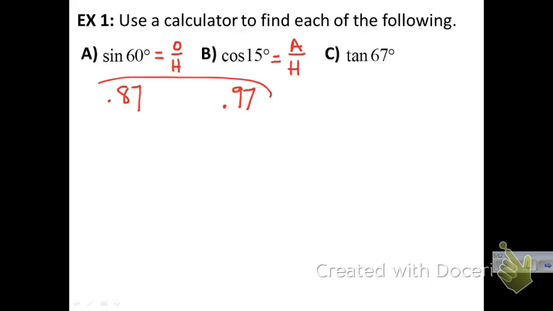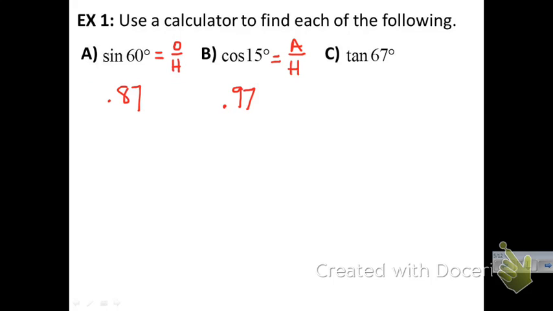Then we talked about whether these values will ever be bigger than 1. Because the hypotenuse is always the longest side, it will always be the biggest number on the bottom of our fraction, so this value will never be greater than 1.